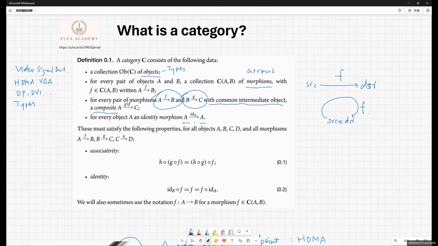If we have 4 objects A, B, C, and D, A like DVI, B like DP, C like HDMI, and D like VGA.